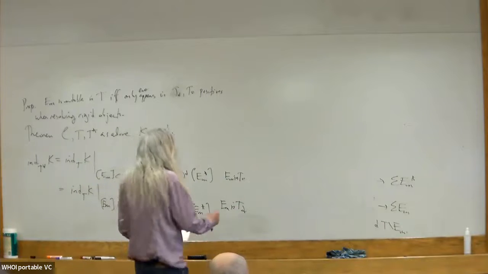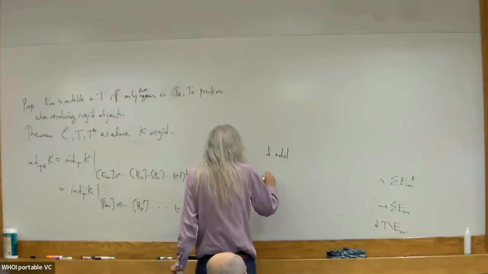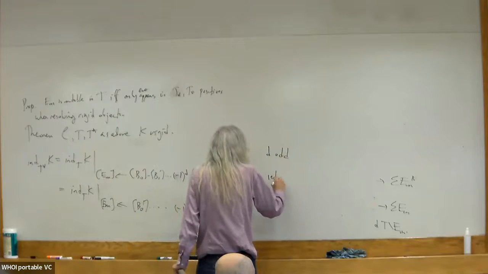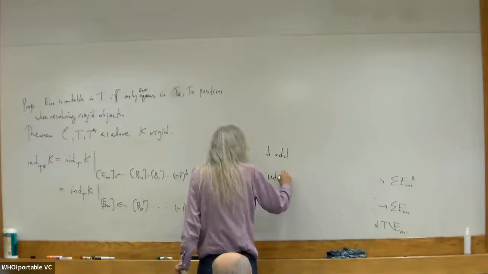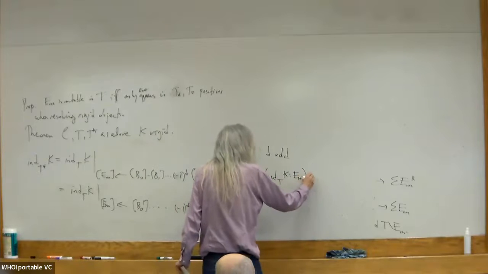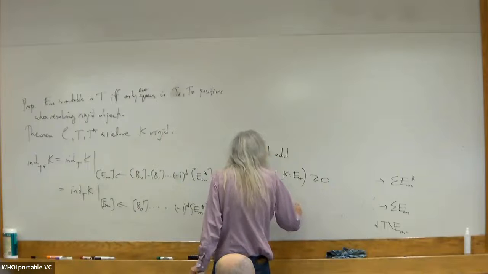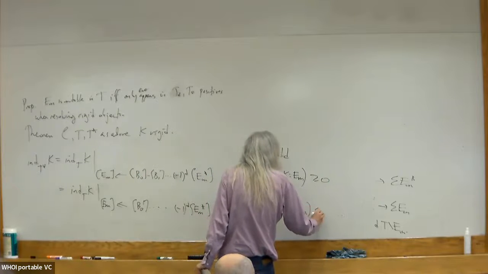Because when D is odd, this means that the index with respect to T of K, the coefficient of EM in it, is greater than or equal to 0 in one case, and less than or equal to 0 in the other.